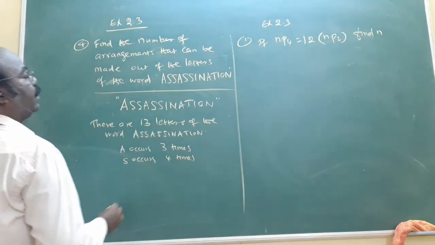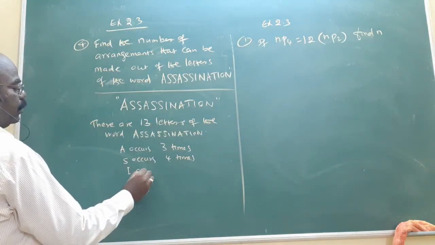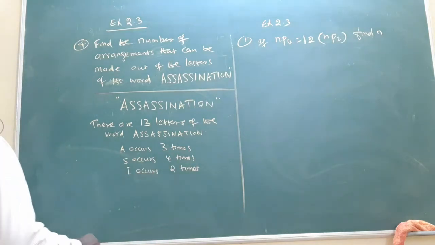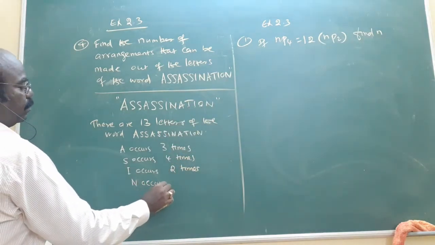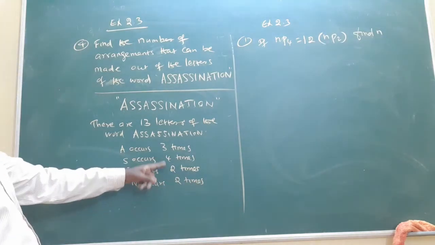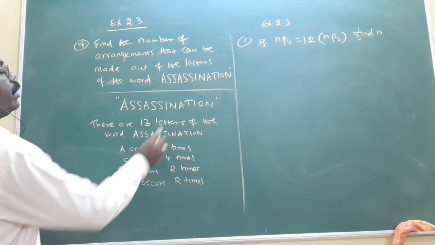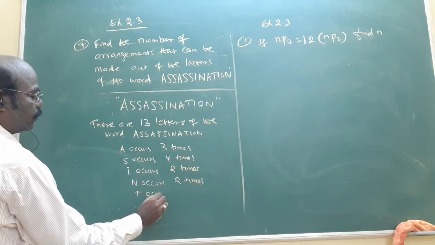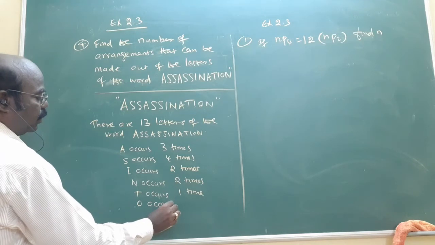Am I right? I occurs 2 times. Am I correct? Next, N occurs 2 times. Am I correct? 2 more letters: T occurs 1 time. O occurs 1 time.